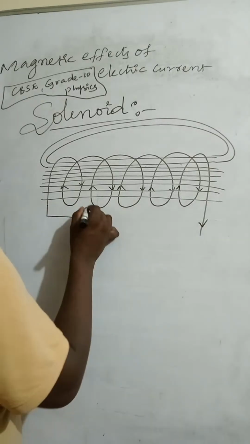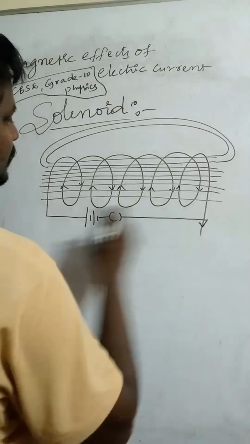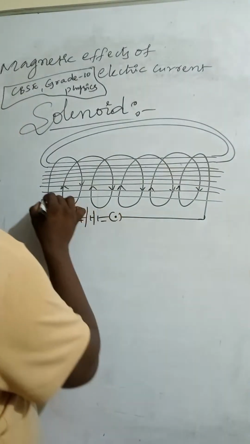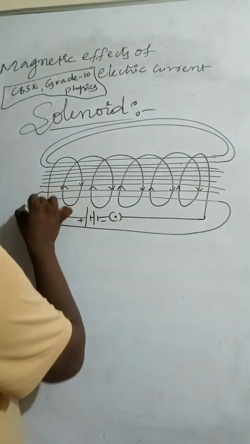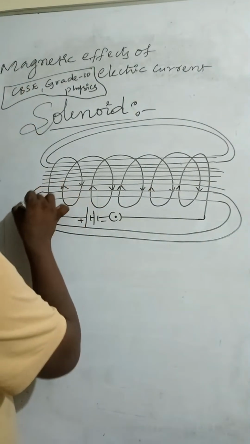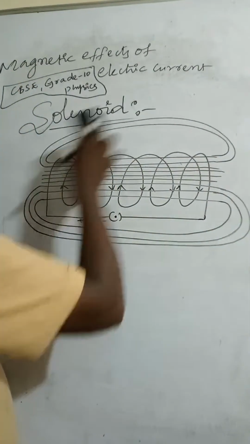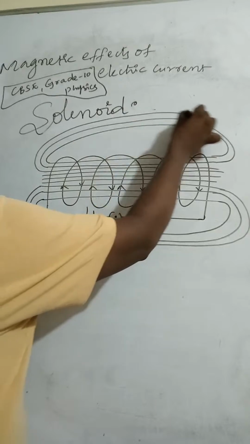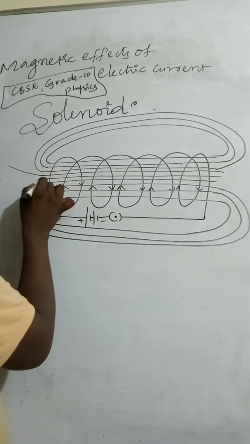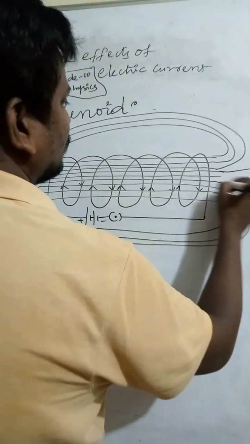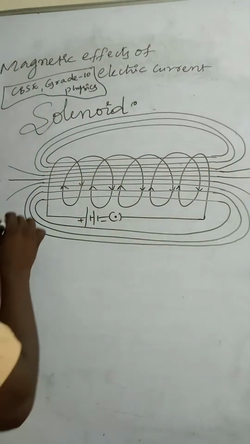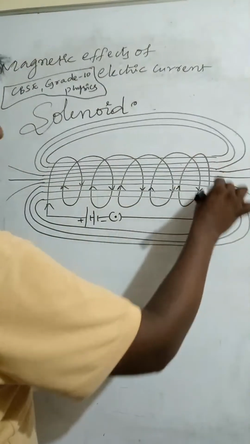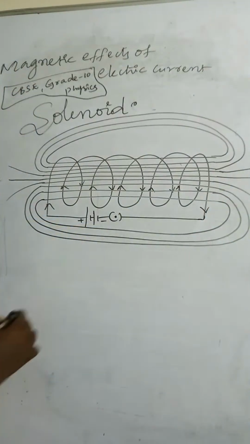Don't overdraw. You need to understand that current is leaving, that's why I'm placing this side as south.